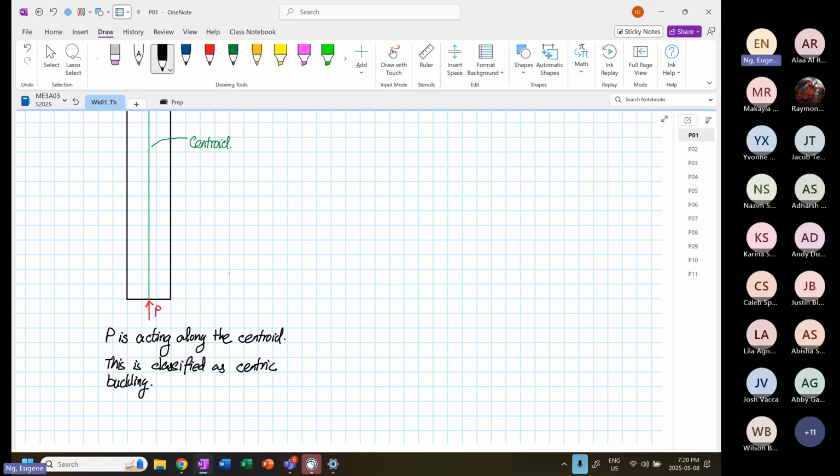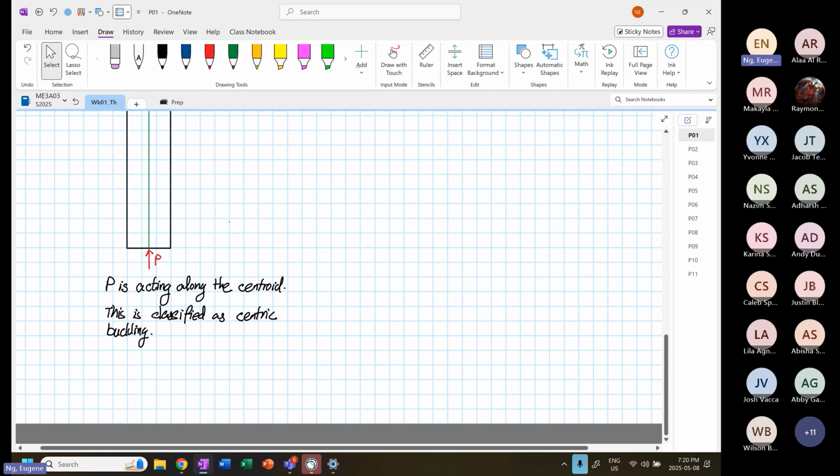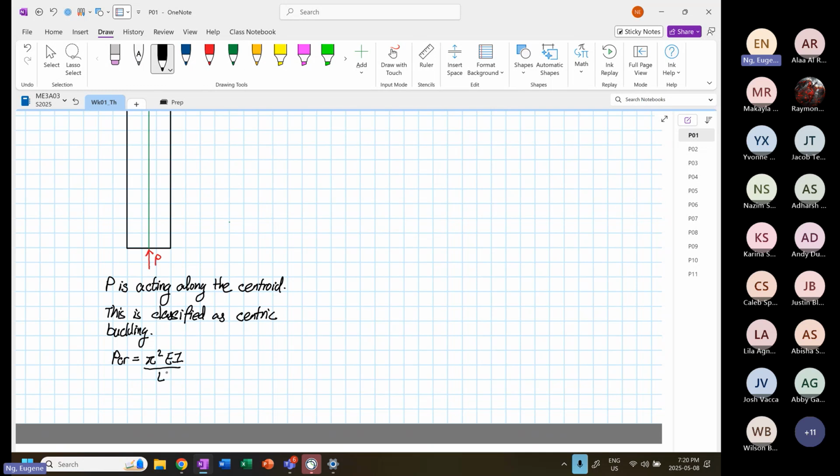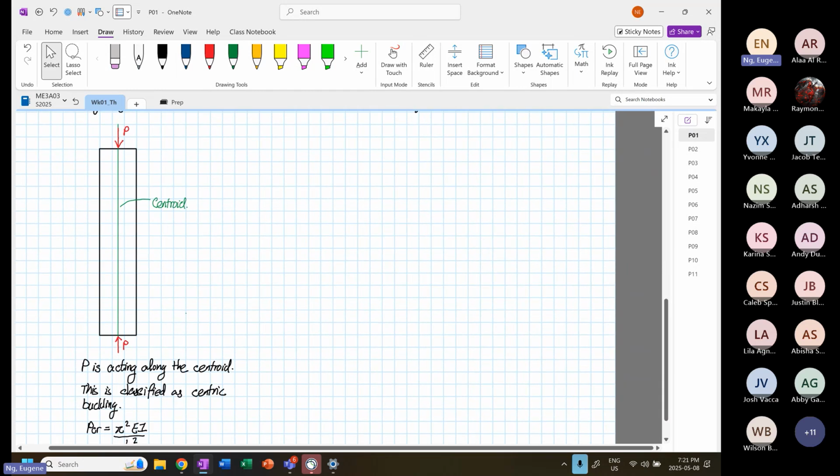The formula to apply is pretty straightforward: stress critical equals pi squared E I over L squared. Now the next one is also buckling.